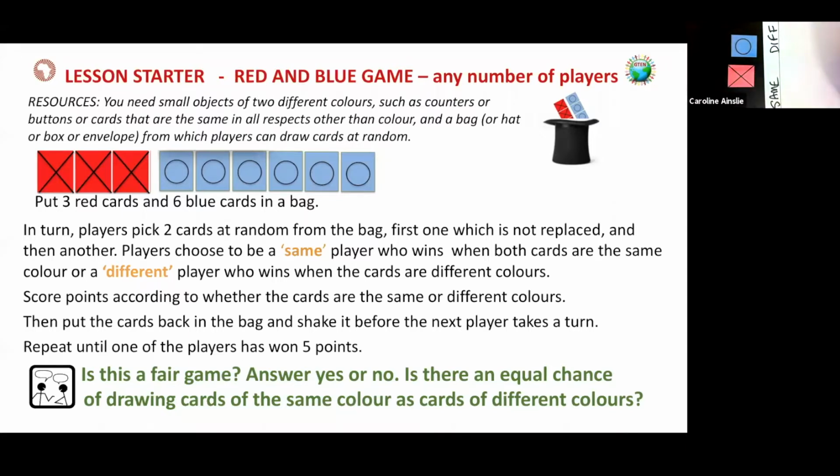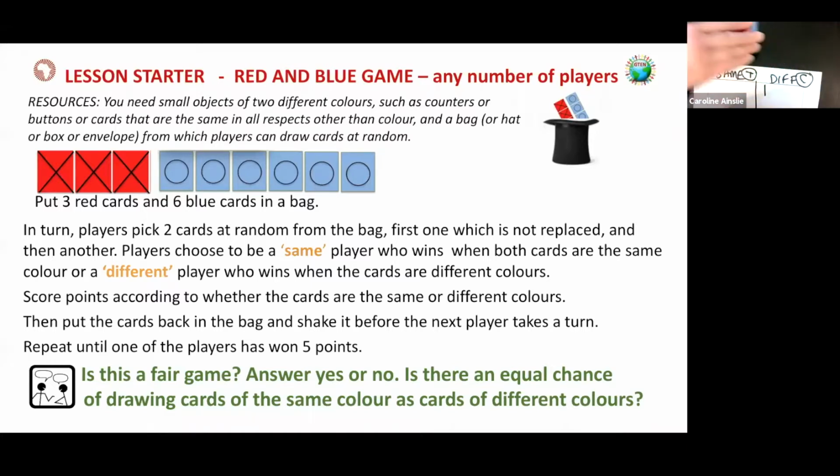The first time around, they are different. Keep a record. We'll play this game. Everybody, please join in. Either decide to be a same player, in which case you win if the cards are the same colour, or to be a different player, in which case you win if they're different colours, as they are now. And I'm now going to put these back into the hat.